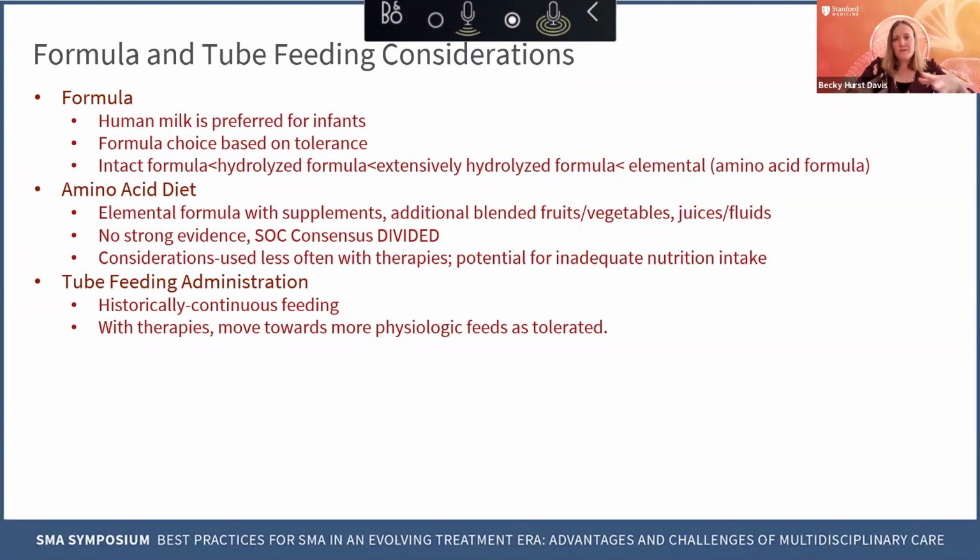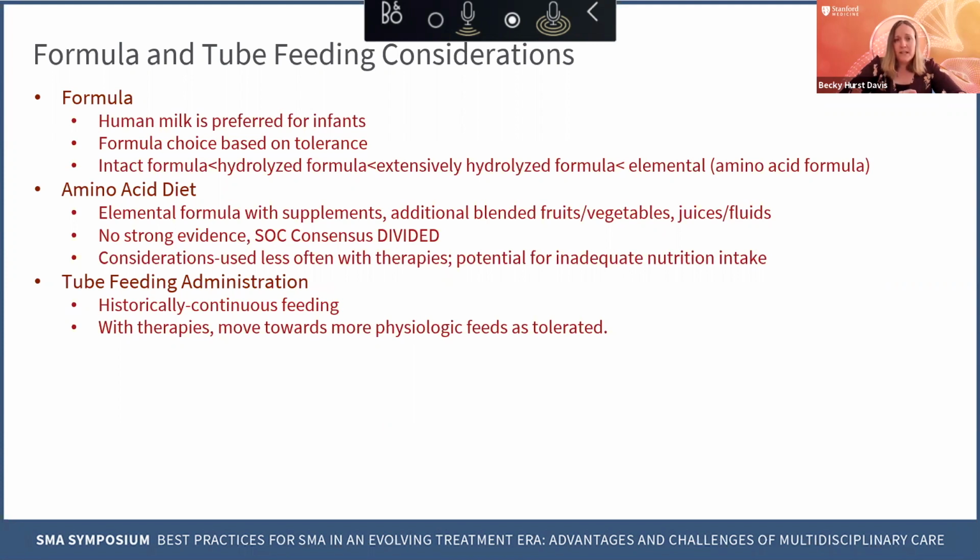For formula and tube feeding considerations, we typically will see this in non-sitters. If you're having a formula, of course, with all the immune factors and great components of human milk, it is preferred. If you are using formula, we really recommend, especially now with therapies and treatments, that you start with an intact formula and then you go to a more broken down protein formula based on how well they're tolerating it.